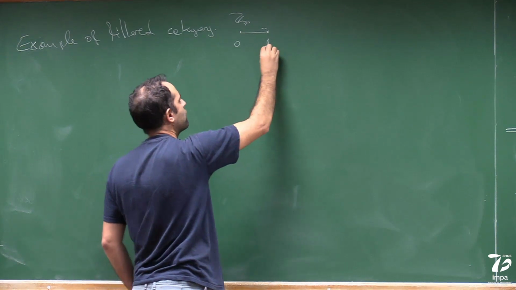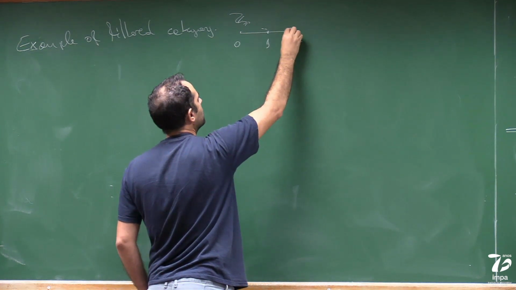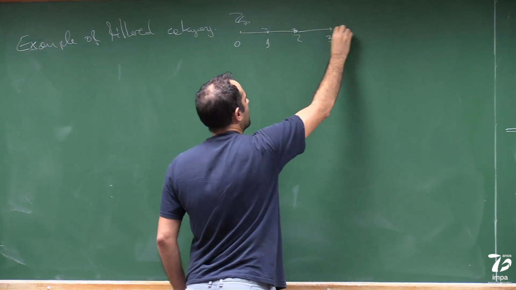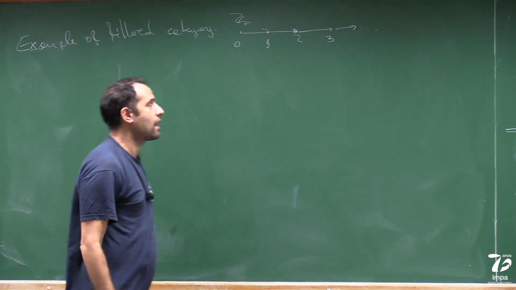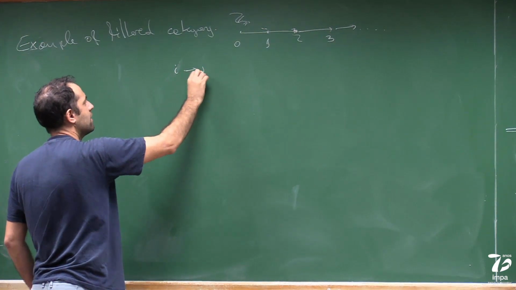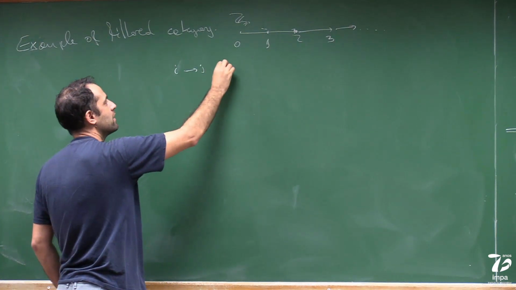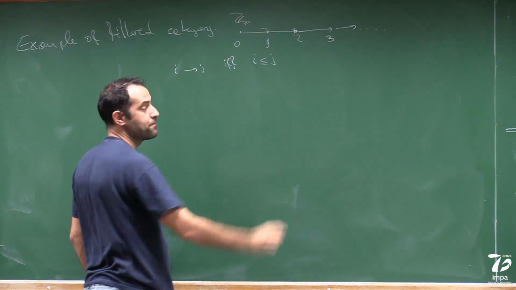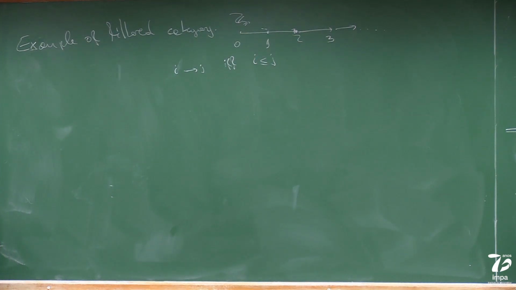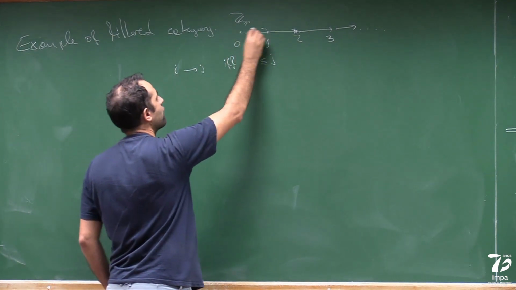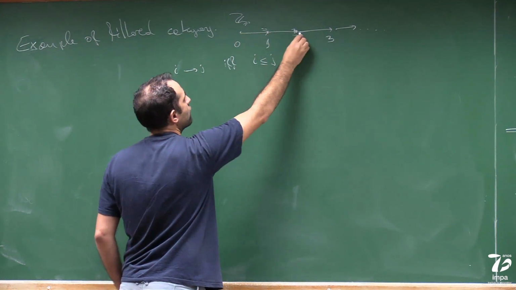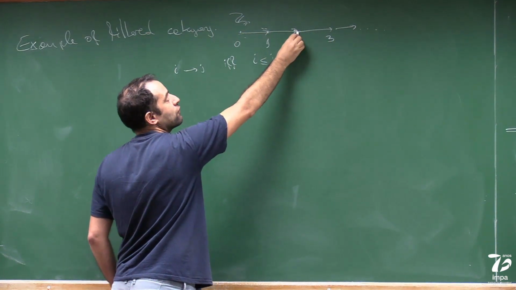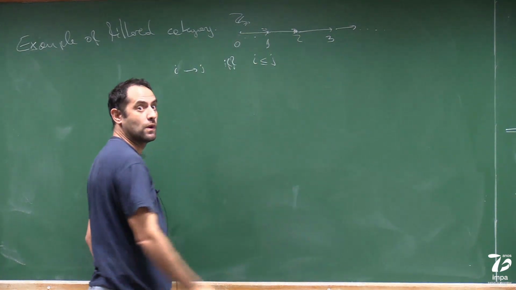So I have 0, I have 1, I have 2, and I have a unique arrow between i and j if and only if i is less than or equal to j. So I see this unique arrow from 0 to 1, a unique arrow from 1 to 2. Since this is a category, I have a composition: a unique arrow from 0 to 2, which is the composition of these two arrows.